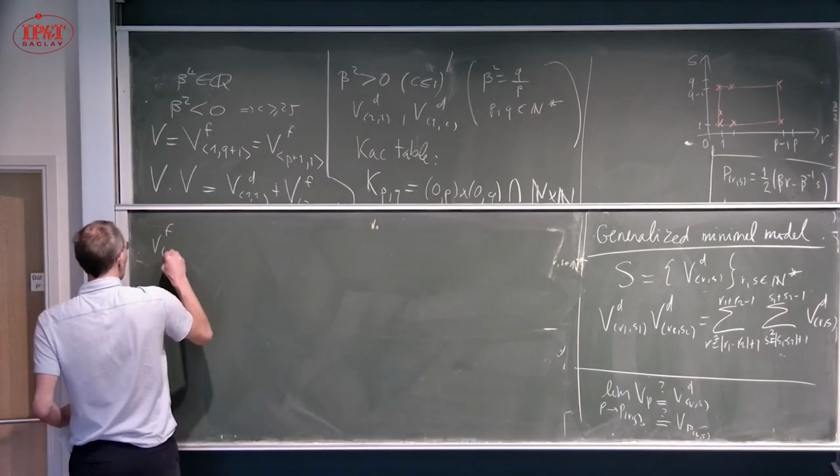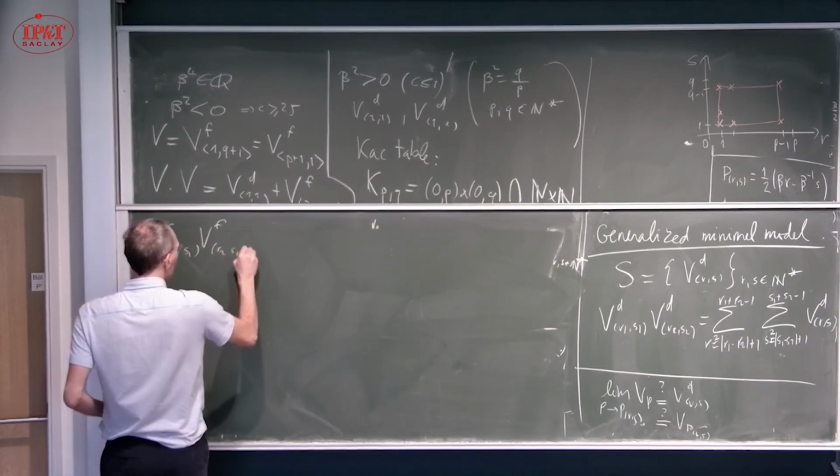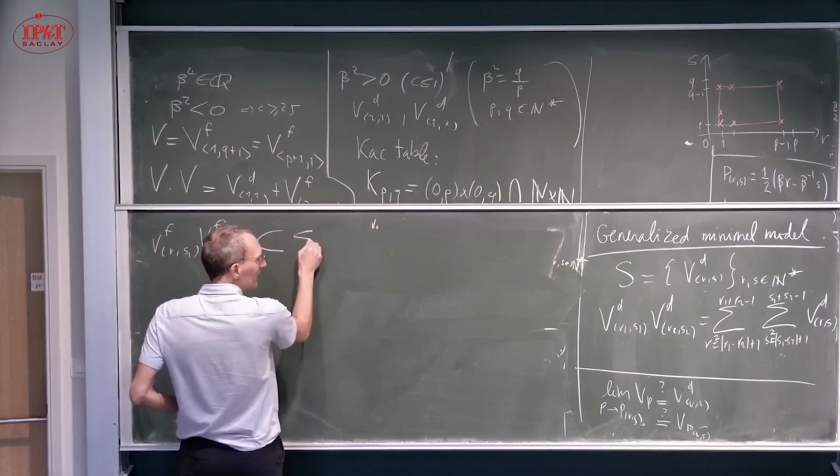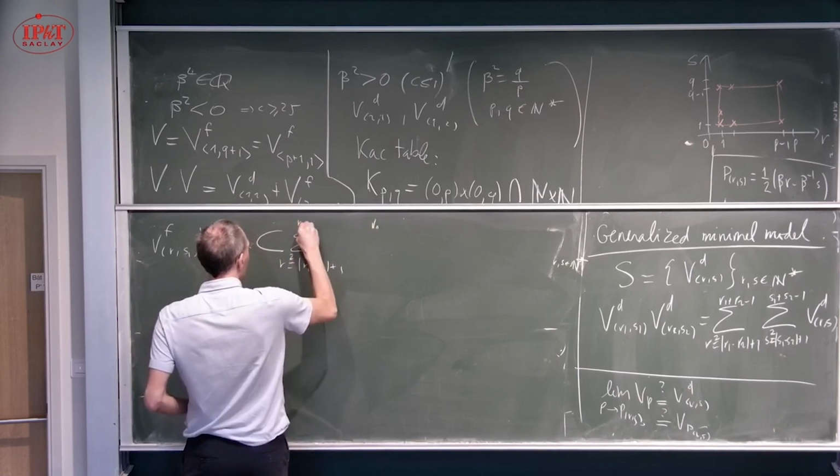Therefore, V_F(R1,S1) times V_F(R2,S2) is included in this sum here, starting from R1 minus R2 S1.